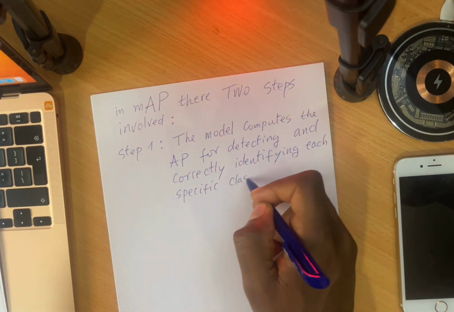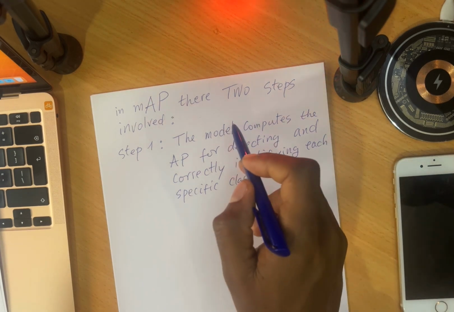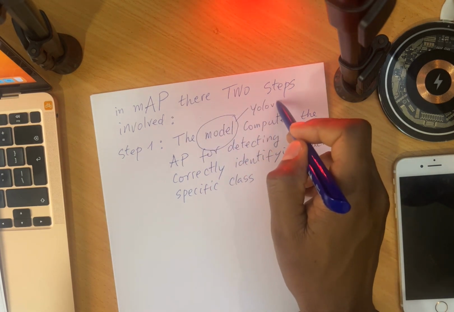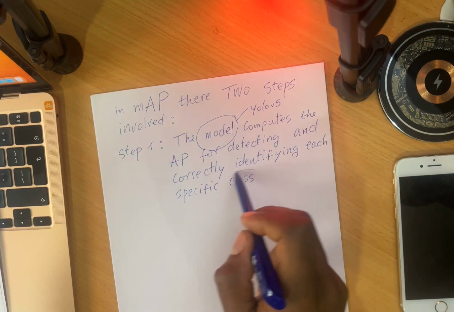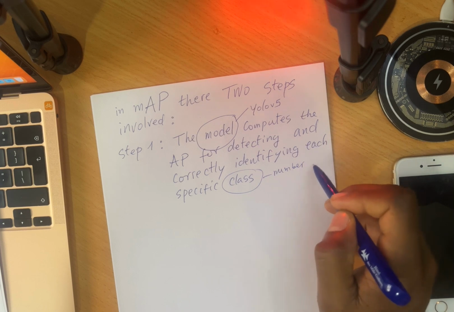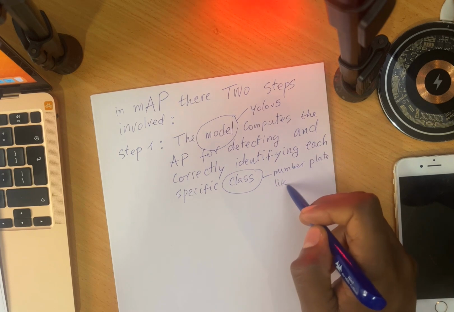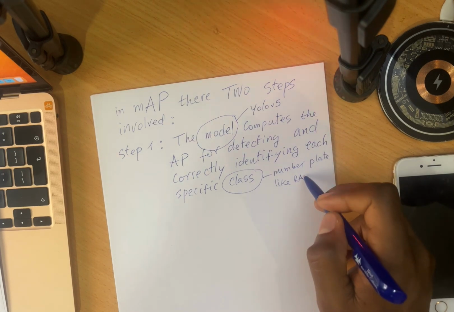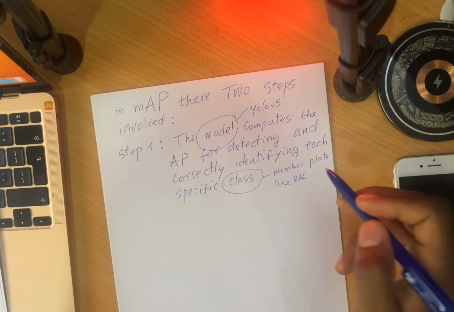In our project ANPR, the model we are referring to is YOLO version 5, and a specific class we are talking about is a specific car number plate, something like RAC 697T.